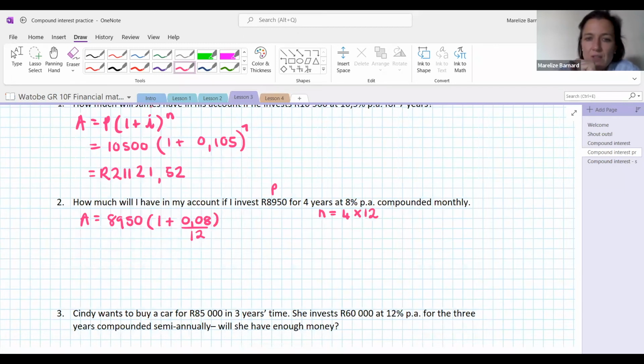So it's 4 times 12, that gives me 48. And let's see if you are all correct. So we put into the calculator 8950, 1 plus 0.08 divided by 12, to the power of 48.